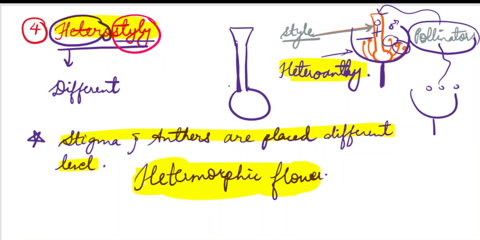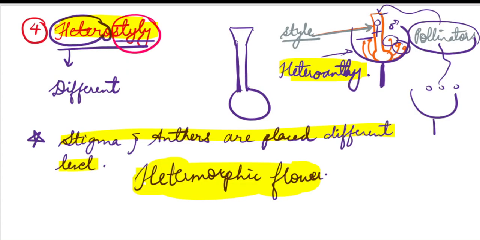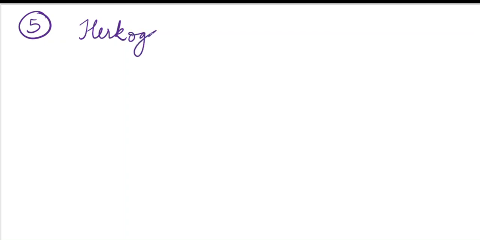Okay. So the next point, the fifth point here, is hercogamy. Heterostyly we are done, which is also known as heteromorphic, and I wrote it, and now we are doing hercogamy.